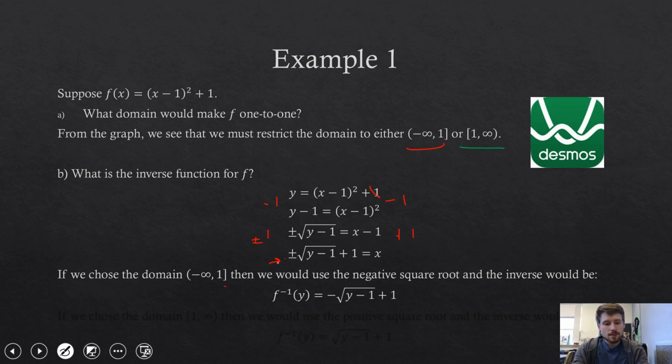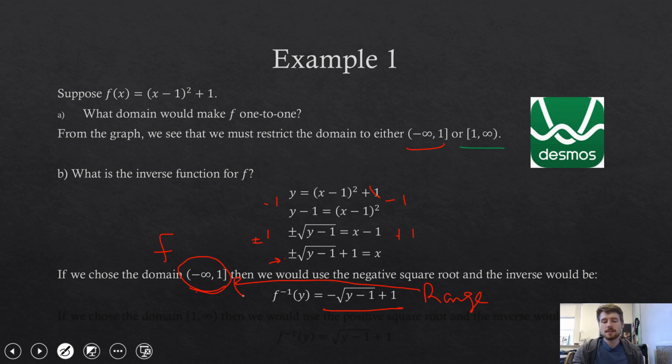And you should think about why the negative square root is what we want for this. That's because these are all, for the most part, negative numbers, and this is the domain of f. And the range of this function needs to be the same as f's domain. And we have minus a square root of something plus 1.